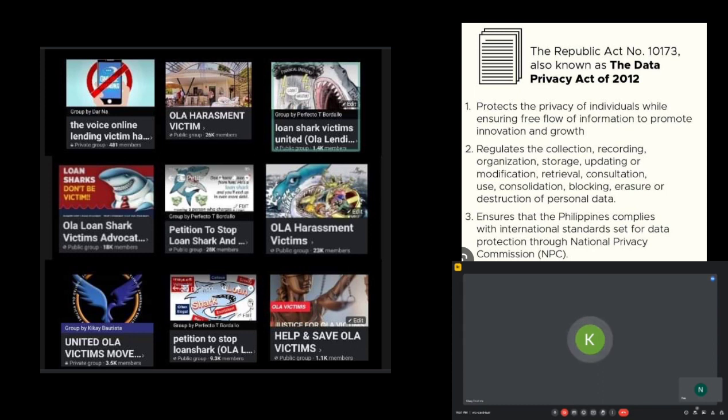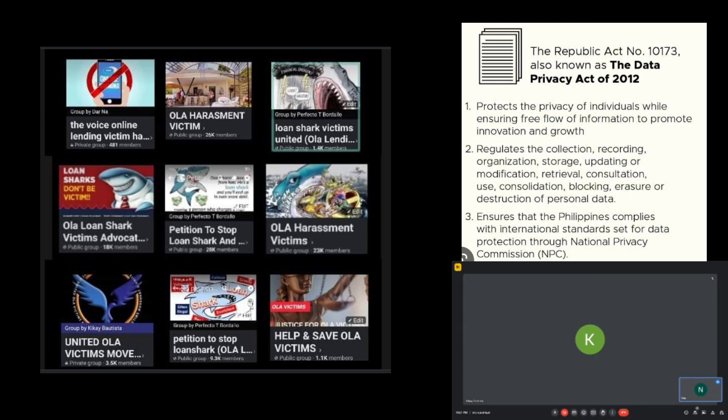So, ano naman, Beb, yung masasabi mo sa question ni Joyce? So, yes, very obvious na it was unlawfully, parang violated our karapatan or our data privacy. So, isa yan sa mga example na may paglabag, kumbaga, dun sa batas.